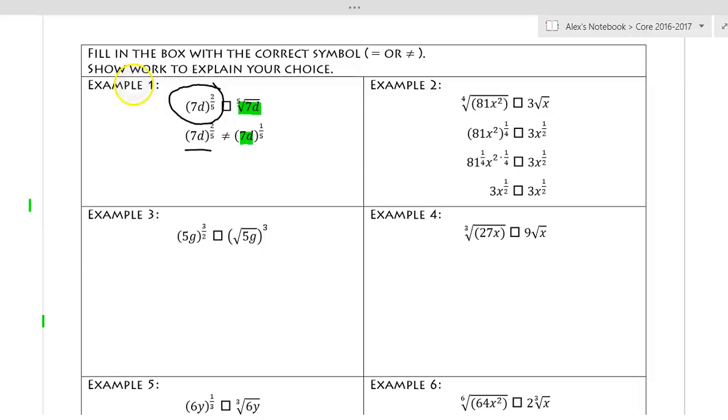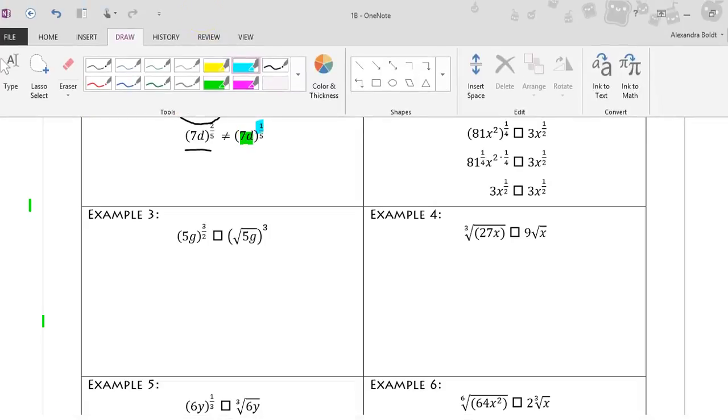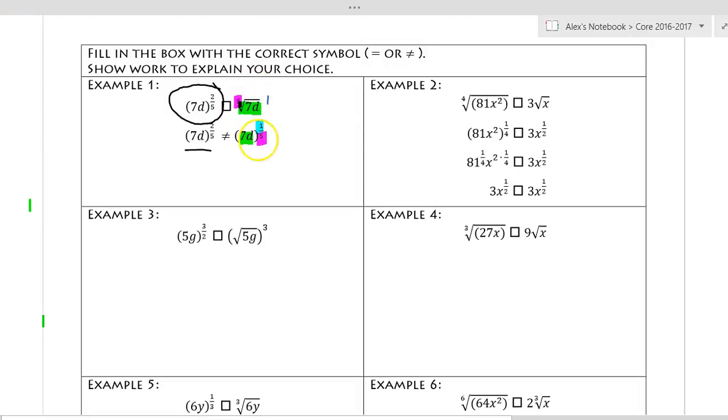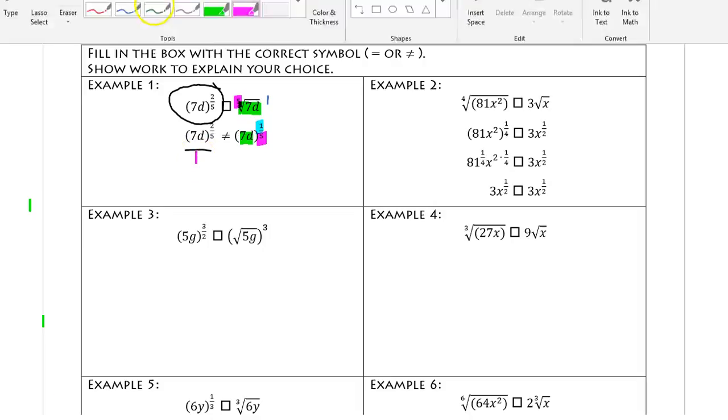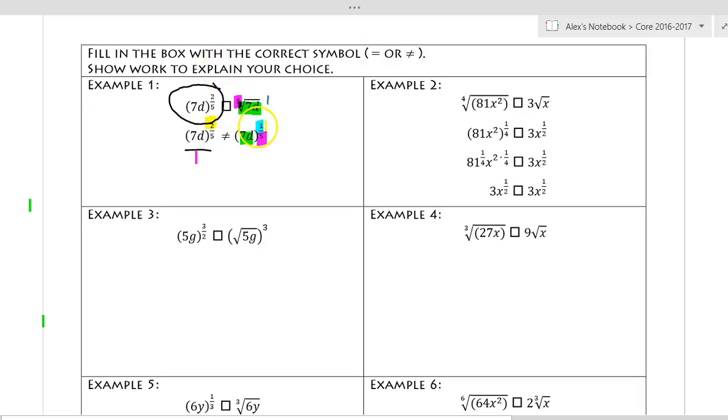Then my exponent, which becomes my numerator, is just 1, right? Because there isn't any there. So that's 1 there. And my root is 5. So that becomes my denominator. So now I can see I have 7d to the 2/5 and 7d to the 1/5, right? Since this has a 2 and that has a 1, those things are not equal.